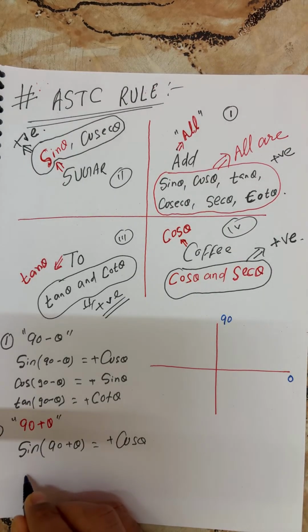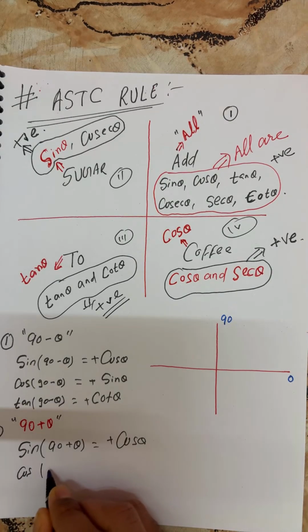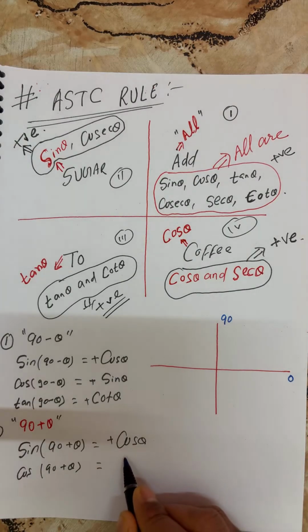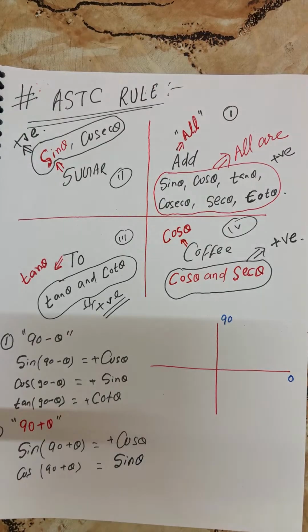Next, everyone respond: cos of 90 plus theta. We are pretty sure cos 90 plus theta will go for sine.